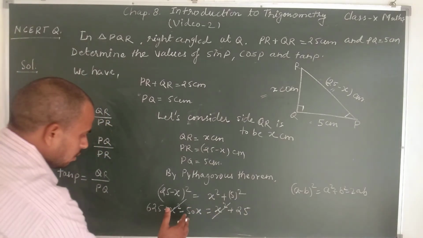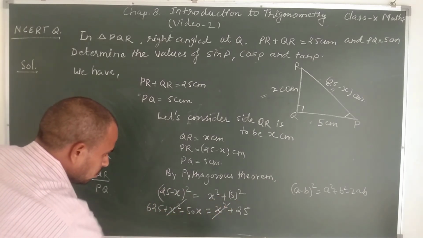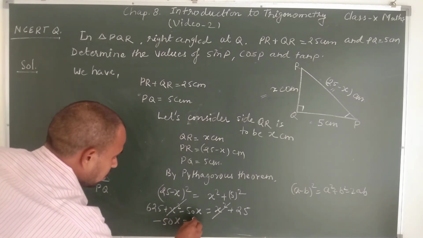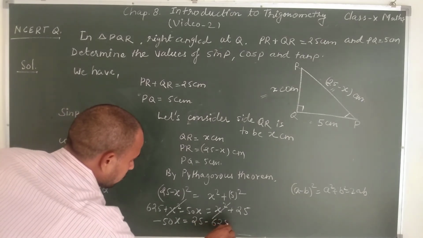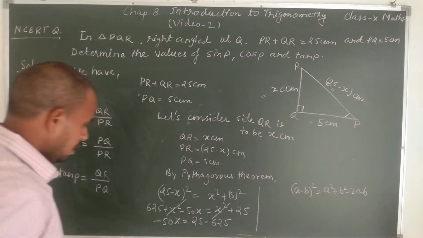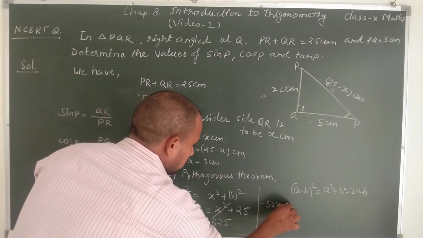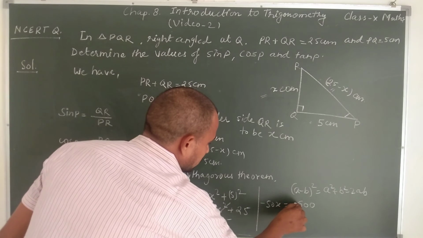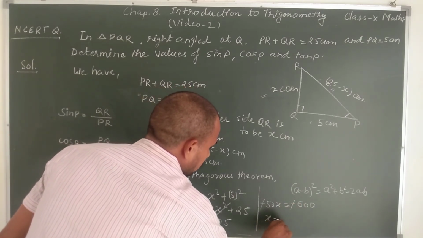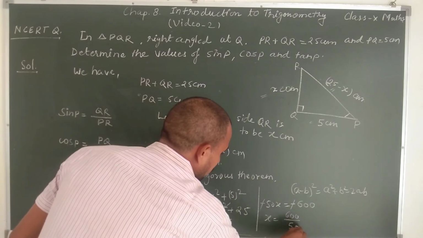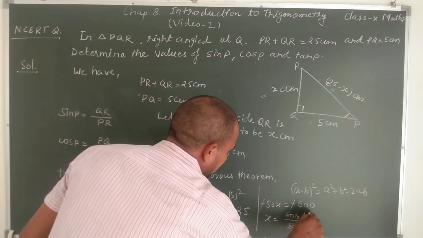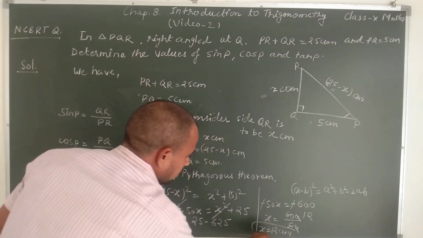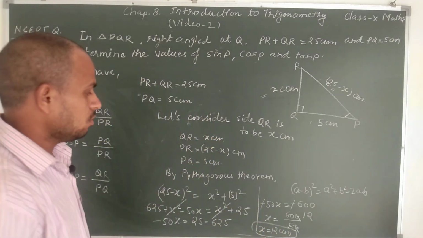Minus 50x equals 25 minus 625, that is minus 50x equals minus 600. The minus signs cancel, and x is 600 upon 50, which is 12. So the value of x is 12 centimeter by the Pythagoras theorem.